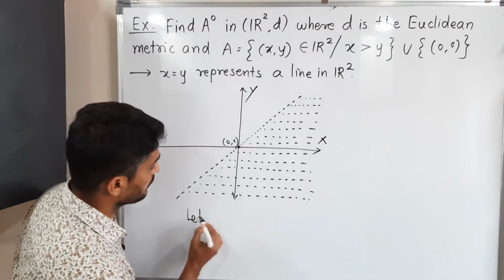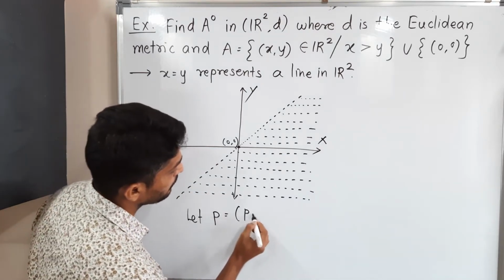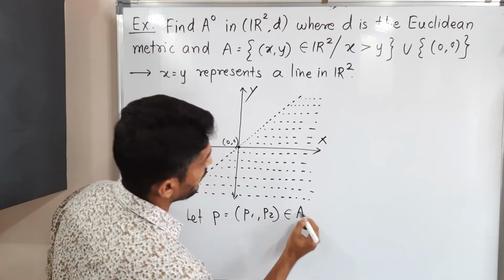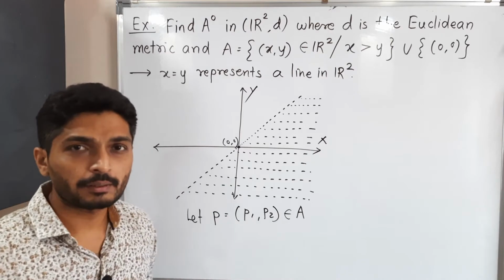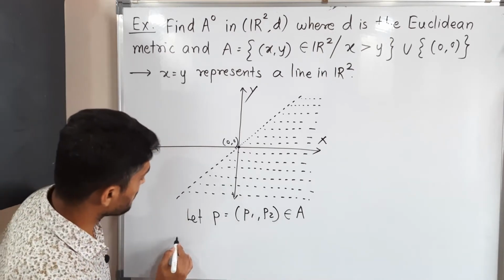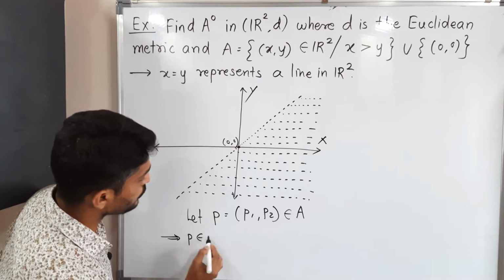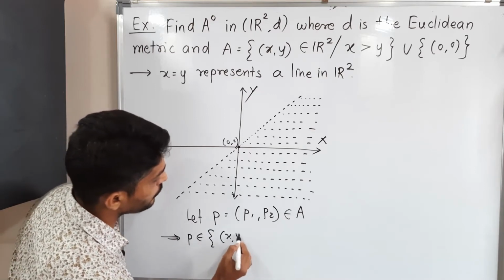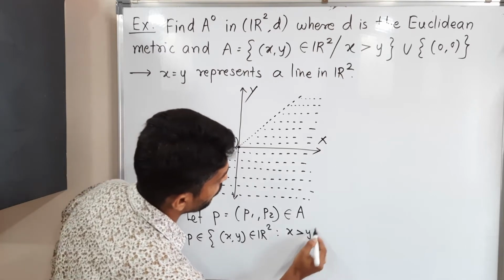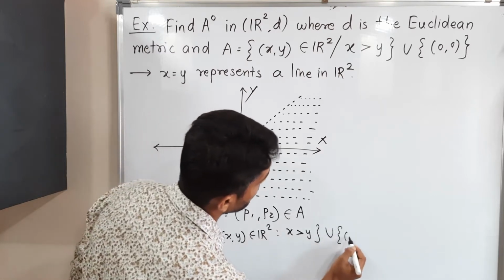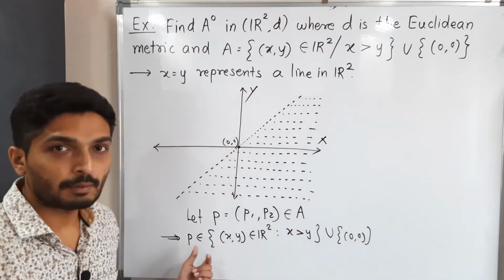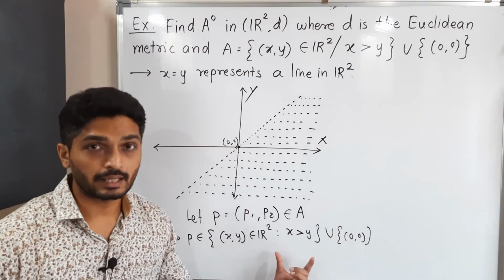Let P equal to P1 comma P2 belong to A. I have taken any arbitrary point P1 comma P2 from A. So that means P belongs to A means what? A means xy belongs to R2 such that x is greater than y, union singleton 0 0. Getting? So our point P belongs to this set A.